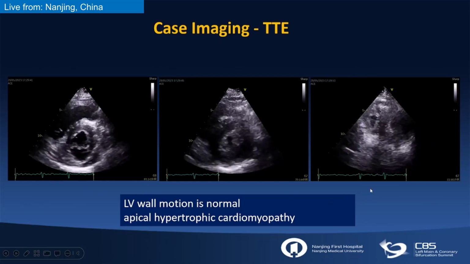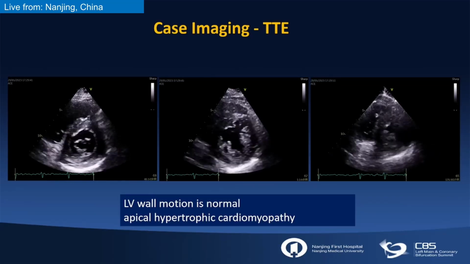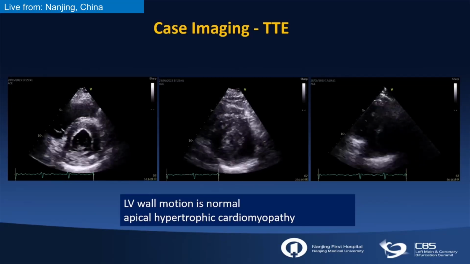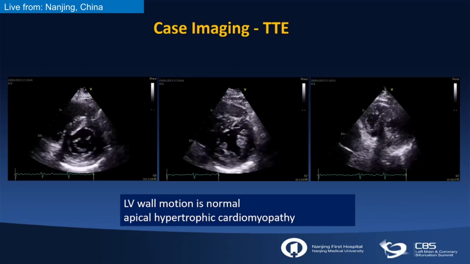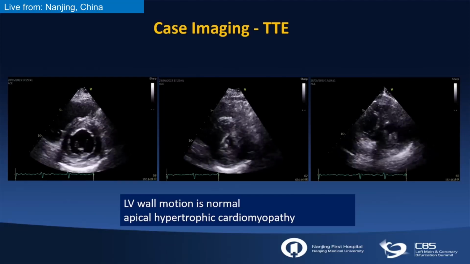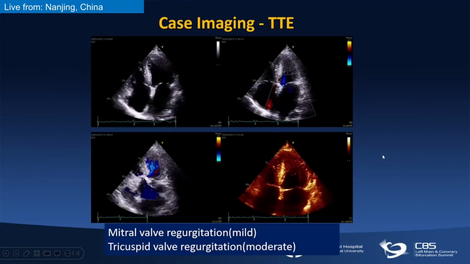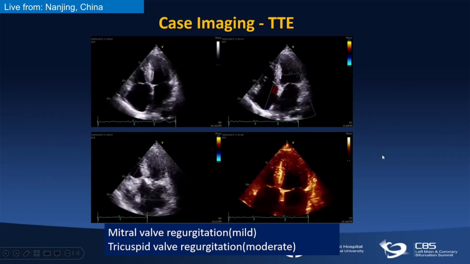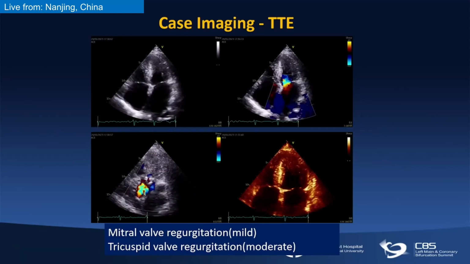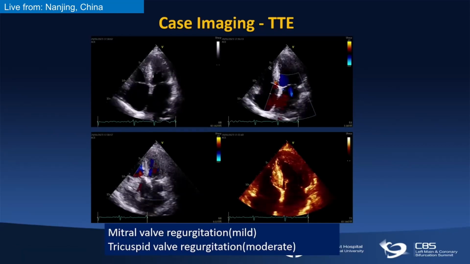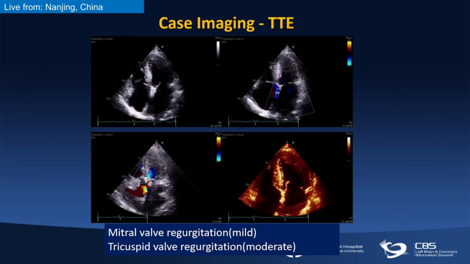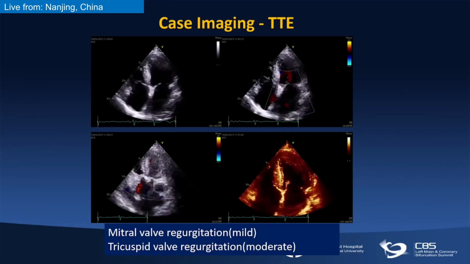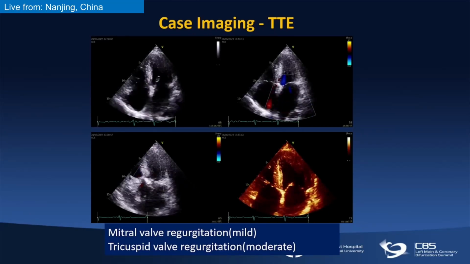And also you can notice the apical hypertrophy, maybe due to the severe aortic stenosis. Next. And also in the four-chamber view, you can see there is a mild mitral valve regurgitation and a mild tricuspid valve regurgitation. Next.